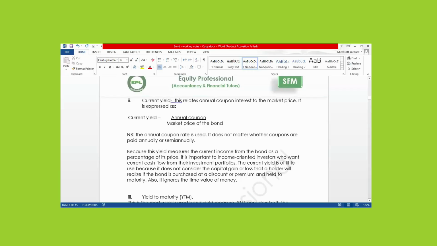This information is important to investors that want current income on their investment.